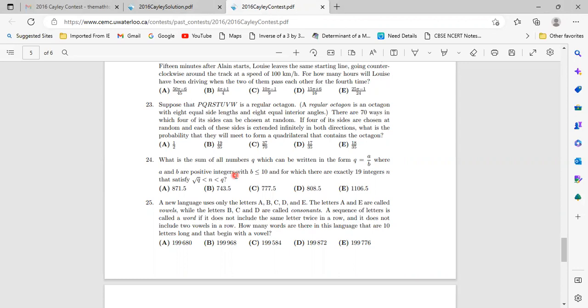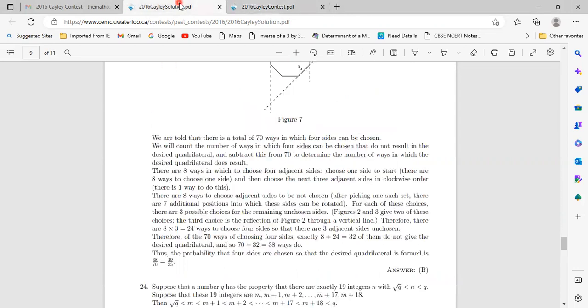I'm not sure whether it is related to the rational number. I'll just check the solution once.